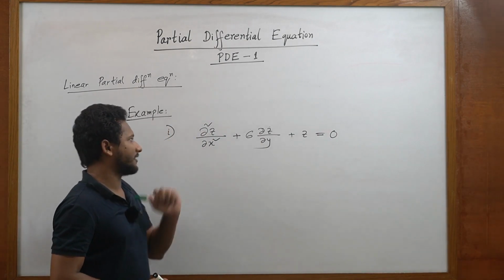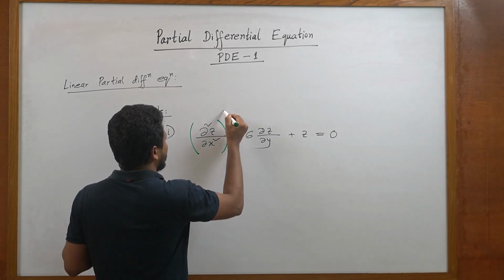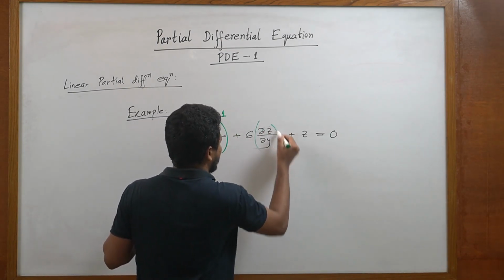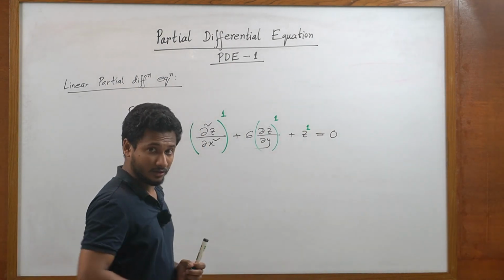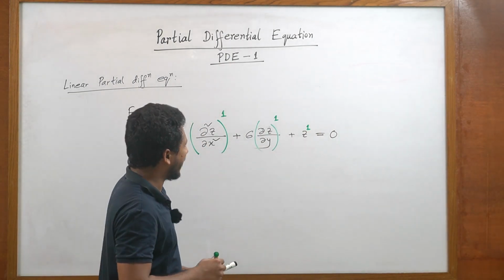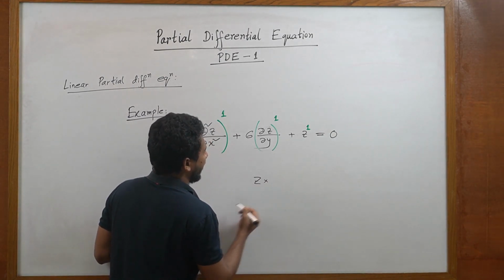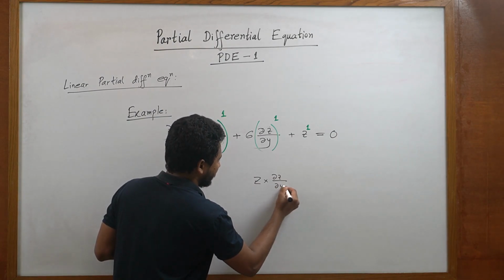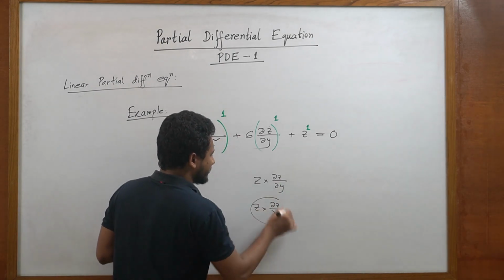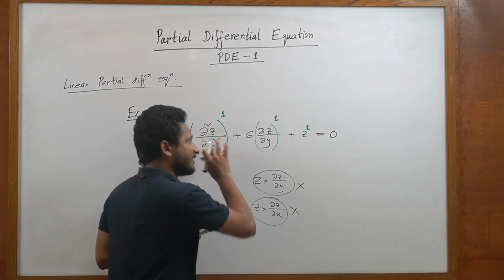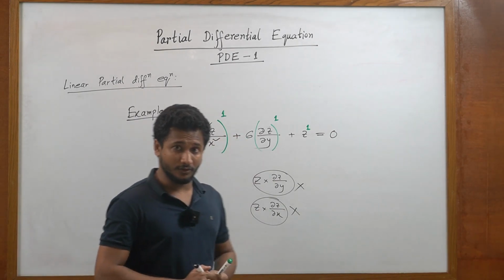This is linear partial differential equation because the power is 1, the power is 1, the power is 1, and no product of dependent variable and its derivative. No product. This term is missing here, so this equation would be linear, of course.